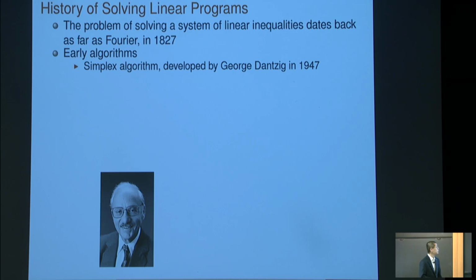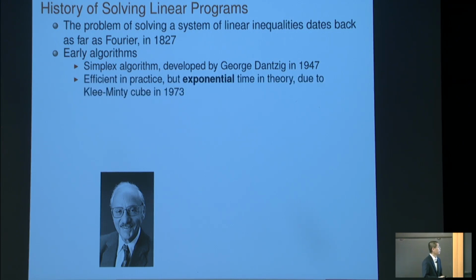This is a very famous algorithm that works very well in practice, with amazing practical performance. But in theory it was unclear whether it was a polynomial time or an exponential time algorithm, until Klee and Minty gave an example showing that if you run the algorithm on it, it will take exponential time to converge.